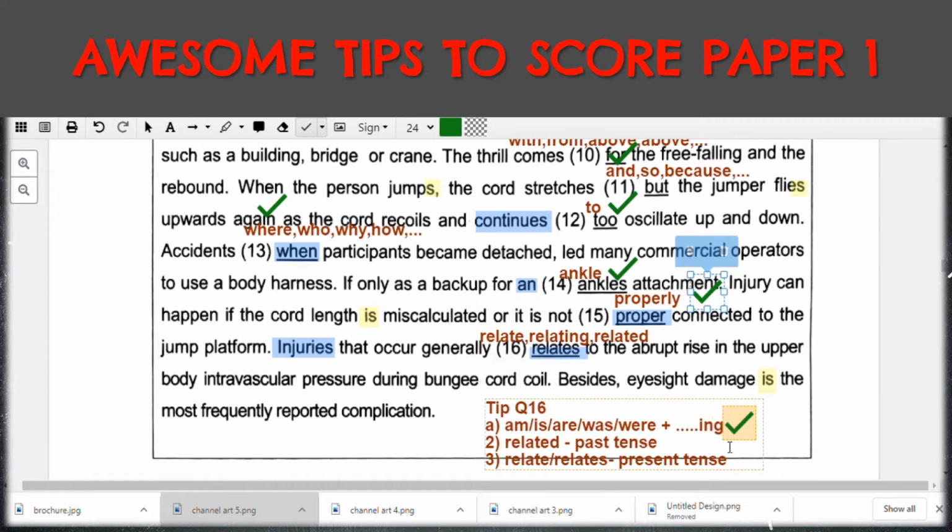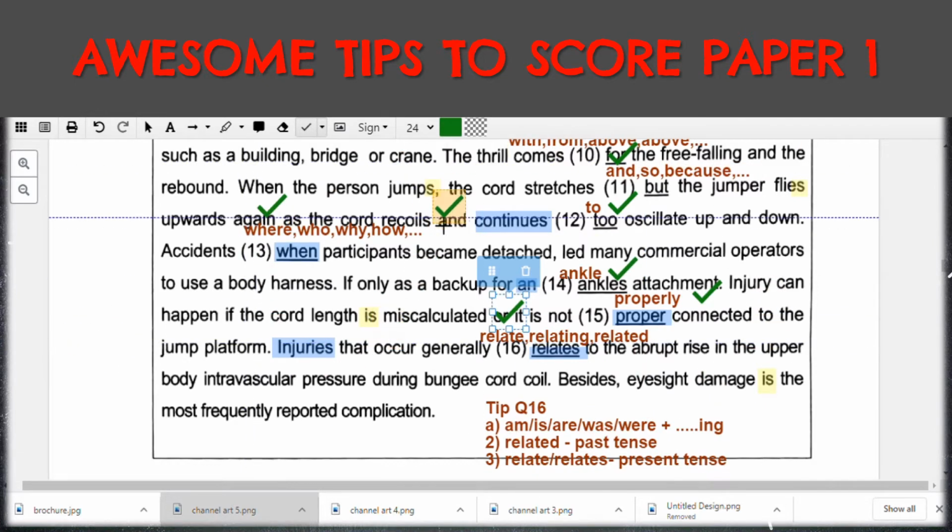It's wrong. Now, the whole passage, remember? Injuries. It shows that there are many injuries here. So injuries relate. Many injuries, so the verb must have no S. It cannot be "ed" because we know the passage is in present tense.